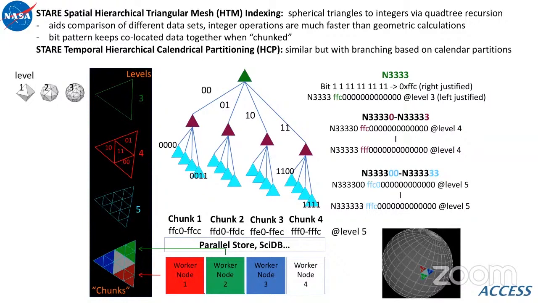Now, 27 for spatial representation leaves us some extra space. And so for the rightmost 5 bits, we actually keep level information, which tells us about the neighborhood of the point location that we have. And so that way, for one of these particular STARE spatial index values, we have both position information and area information as well.